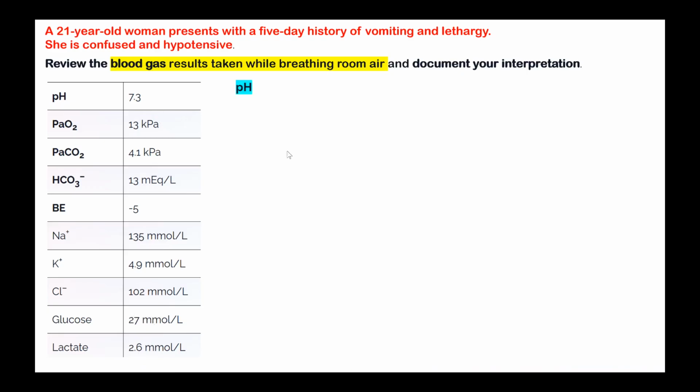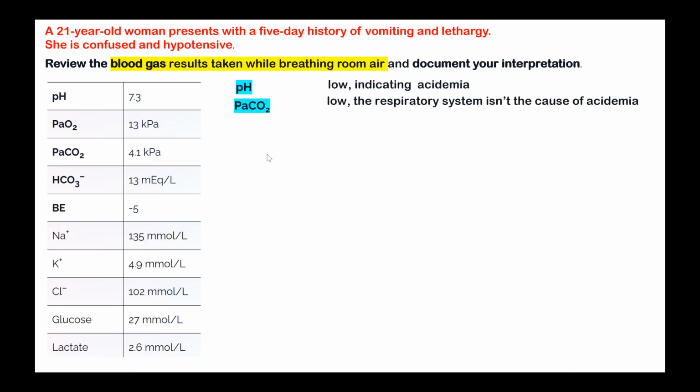So interpreting one by one, pH: is it acidic or alkaline? Acidic, sir. Low, indicating acidemia. PaCO2 is low, 32, but the respiratory system is not the cause for acidemia because it's only 33.